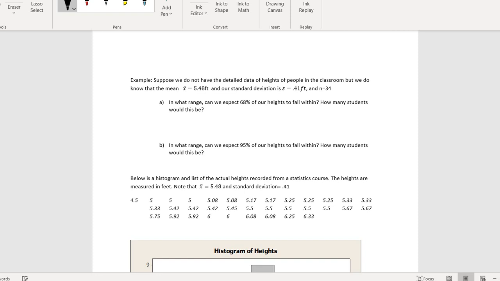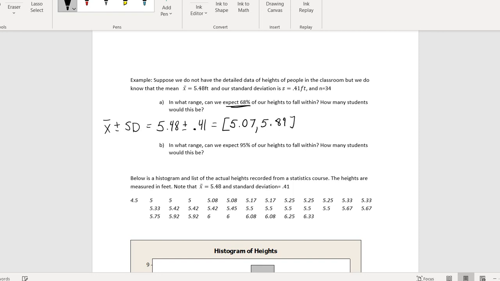The empirical rule says that if I want to look at where 68% of the individuals will fall, I need to take the average plus or minus a standard deviation. So in this case, that would be 5.48 plus or minus 0.41, which would give me an interval from 5.07 all the way up to 5.89.